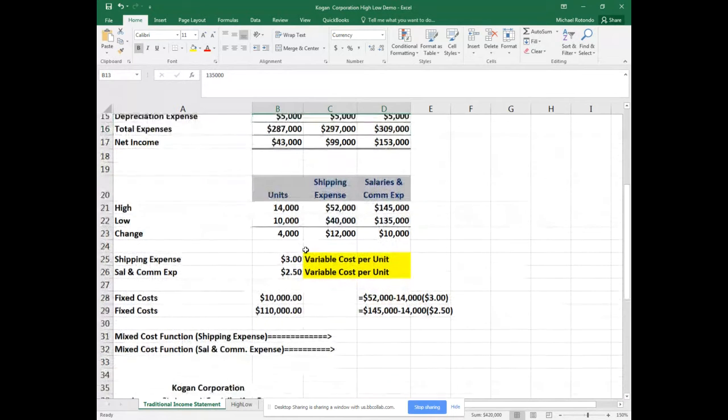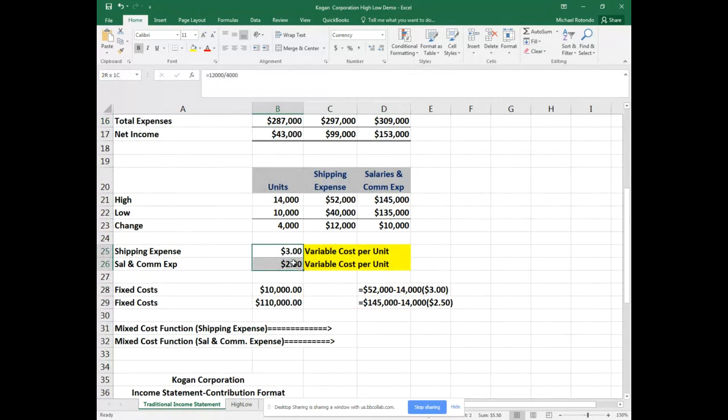We came up with the variable cost per unit by dividing the change in dollars by the change in units, and we did the same thing for salaries and commissions. And we came up with the fixed costs by taking our high cost and subtracting the high number of units times our variable cost per unit.